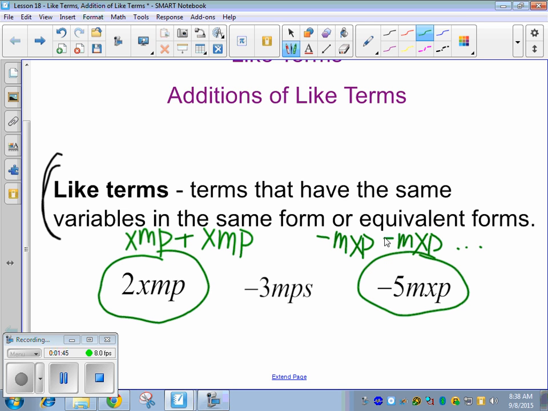So if I want to add two of them and negative 5 of them, how many am I going to end up with? Negative 3 of them, yeah. Negative 3mxp, when I shove these guys together. This one in the middle we don't really care about anymore. We decided it's not a like term, so we can't combine it.